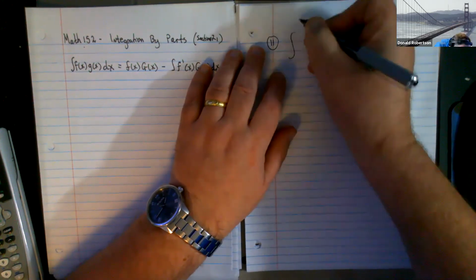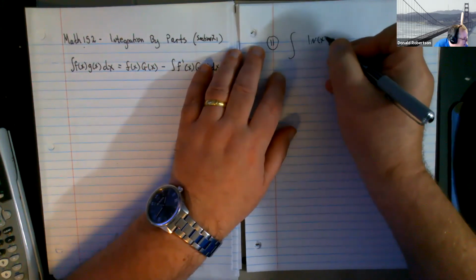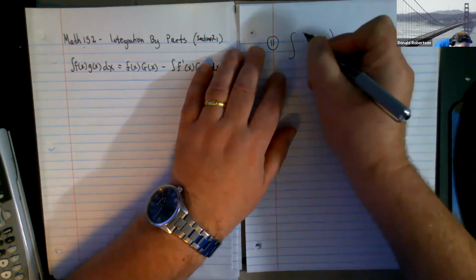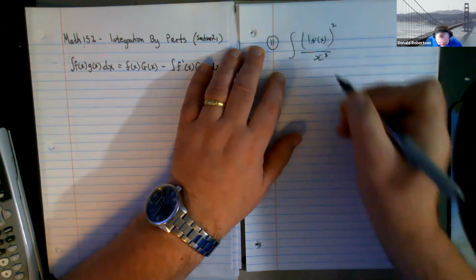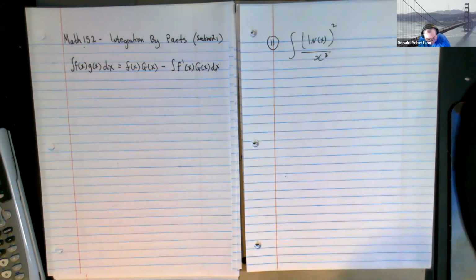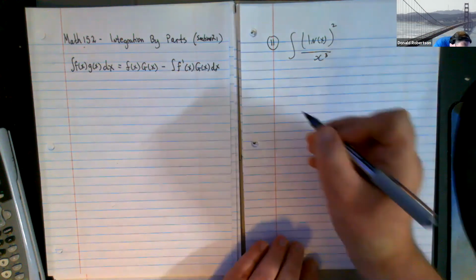I'm not putting the numbers in, we know how to deal with them later. It's a log x squared over an x cubed. Now you might say, oh, I'm going to have to do an F and a G. I agree, you are going to have to do an F and a G in this question.